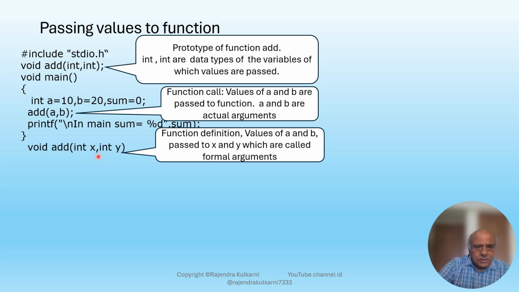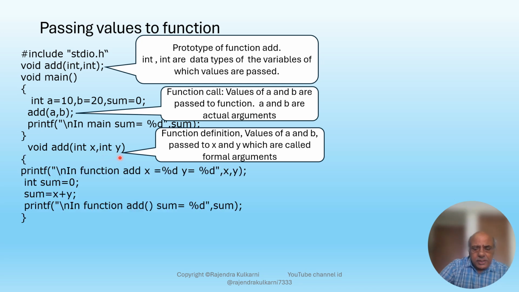In this case, x and y are the variables which belong to function add, and these variables will be collecting the values passed from the function call. So the value of a will be assigned to variable x. The value of b will be assigned to variable y.